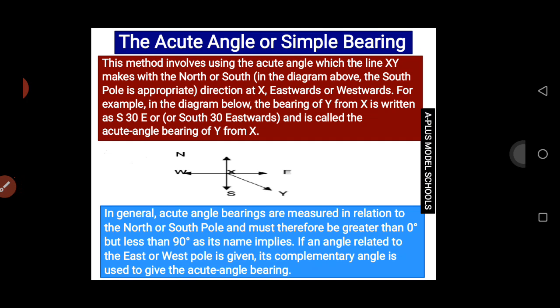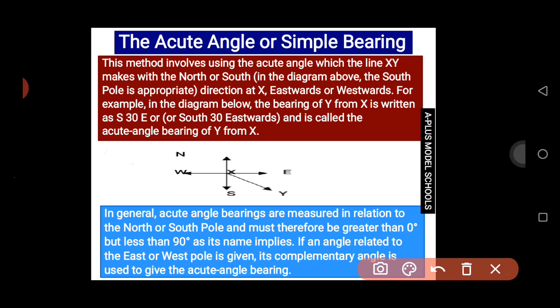The second type is acute angle bearing. When we are talking of acute angle bearing, it deals with the angle it makes with the north or south pole. It means the angle that is with the north.